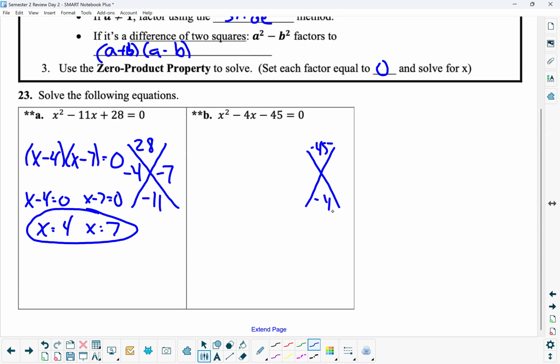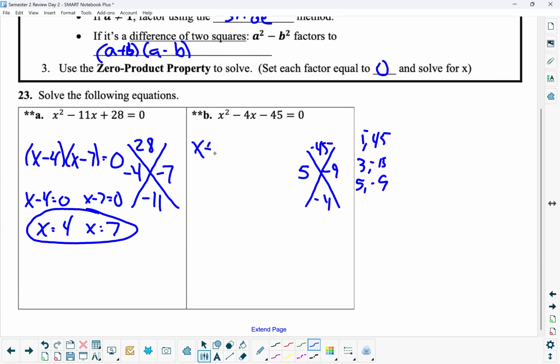In order to multiply to a negative value, we have to have one positive number and one negative number, and they have to add to something negative, so the negative factor has to be the larger factor. Again, you could list your factor pairs: 1 and 45, 1 and negative 45. 2 doesn't work. 3 and negative 15. 4 doesn't work. 5 and negative 9, and those add to negative 4.